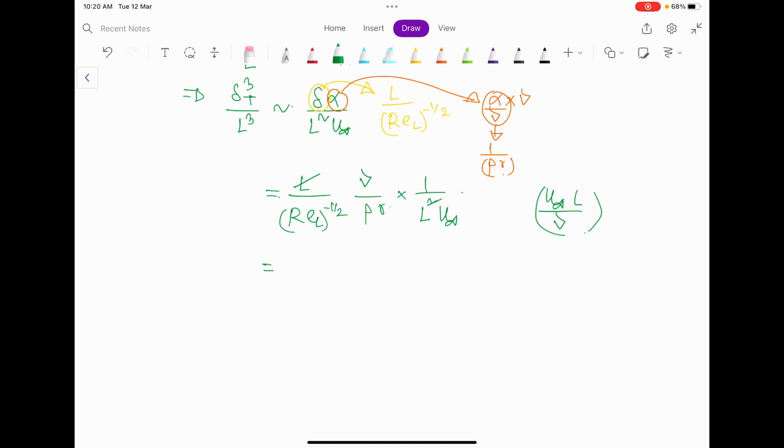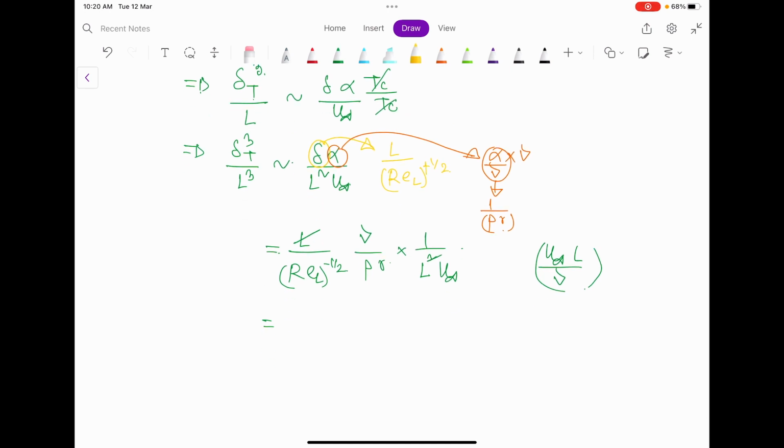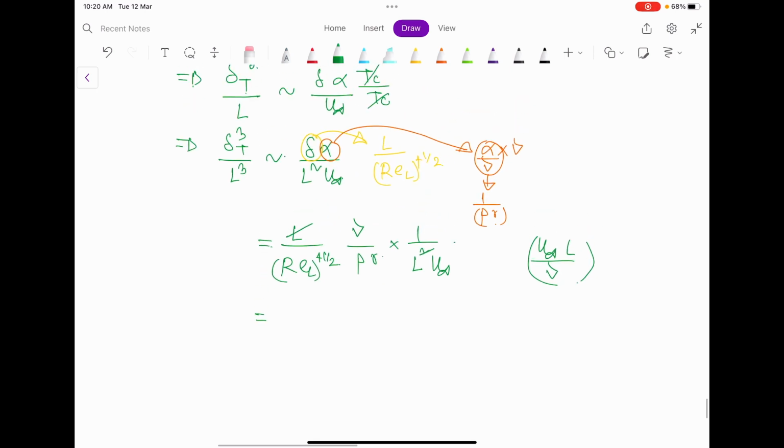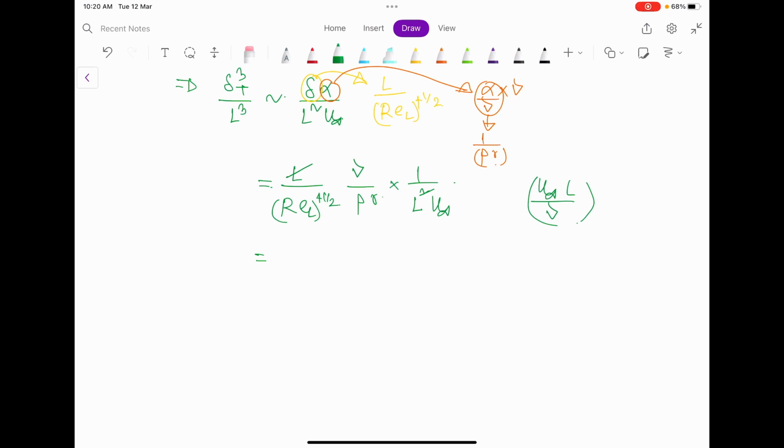And there also I have made a mistake, because delta is scaling with L whole to the power Re_L whole to the power minus half. If it is 1 by, then it will be plus half. So then it will be 1 by Re_L whole to the power half into 1 by, see this, I can drop this nu here, right?